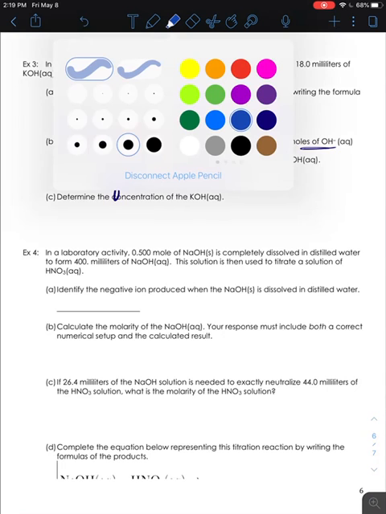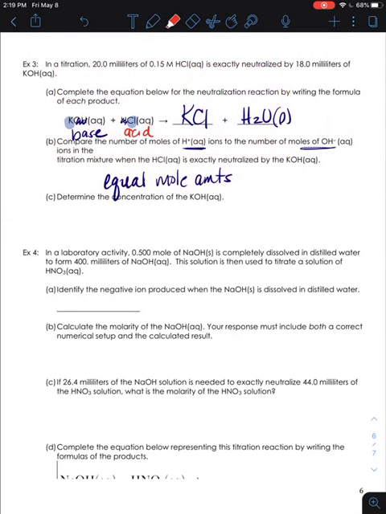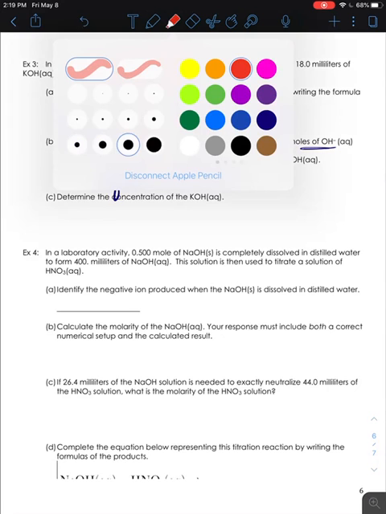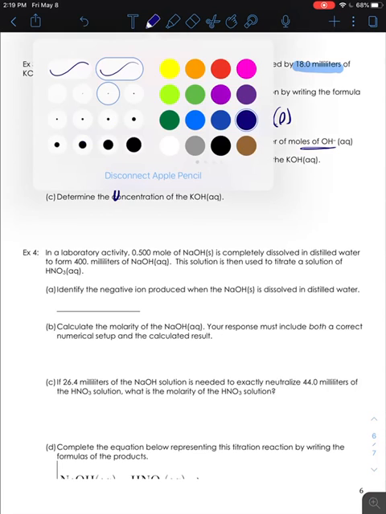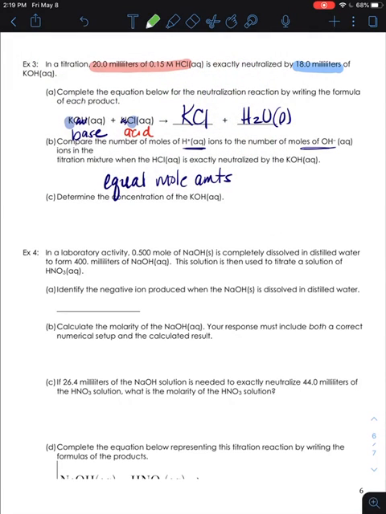We have to go back to the reading. This is talking about the acid. This is talking about the base. Let me just use an arbitrary color. 0.15 molarity times 20 milliliters is going to equal an unknown molarity of the base times 18 milliliters.